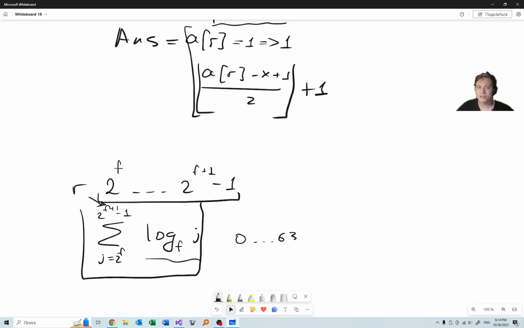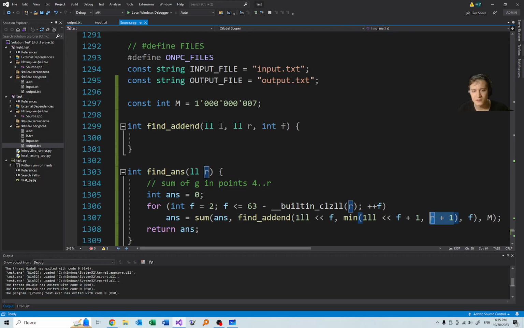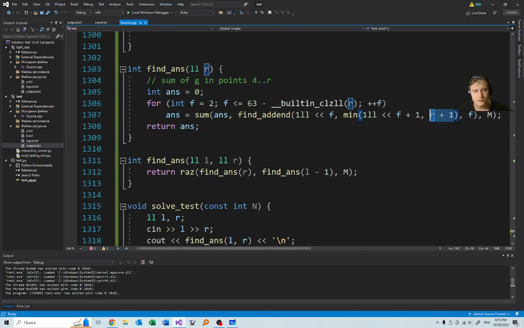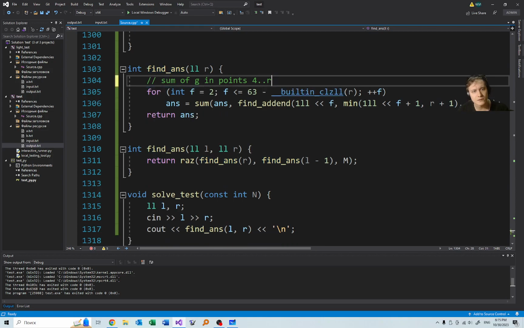Let's take all numbers from L to R exclusive this time. Yeah, because I added one here. So we take all these numbers and we want to find how many of them. Actually, I think we do not need this function. We can do it here.